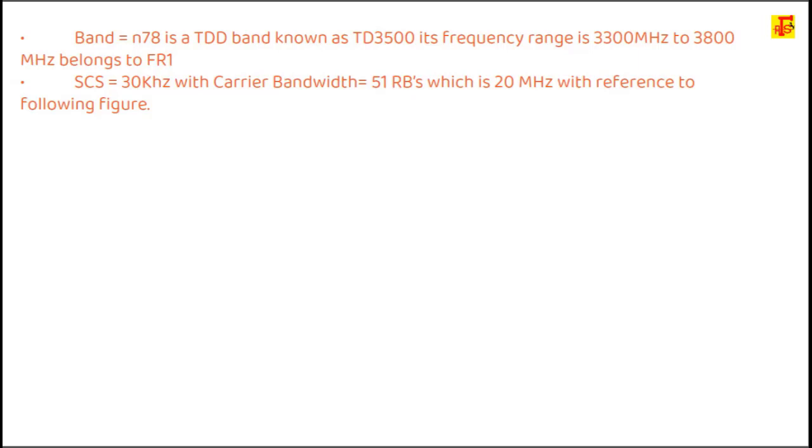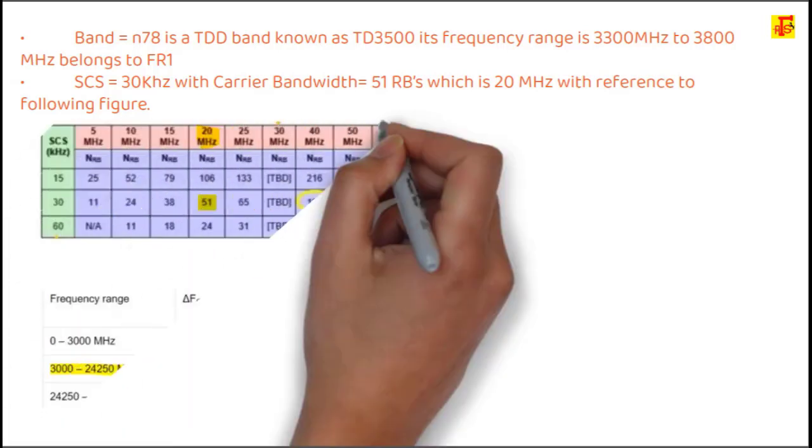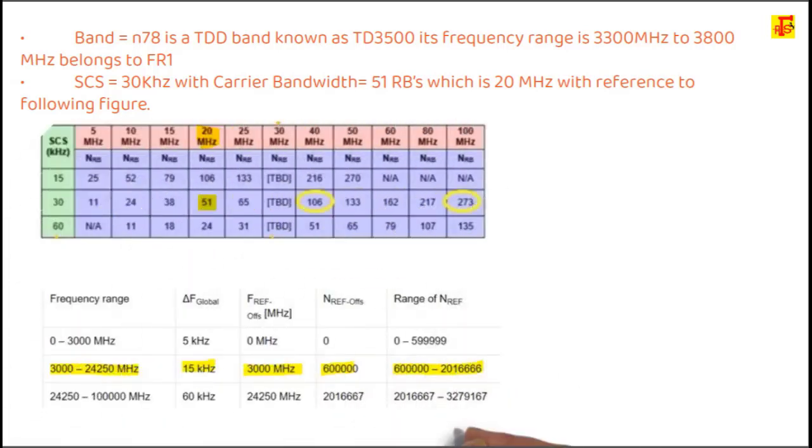Subcarrier spacing 30 kHz with carrier bandwidth 51 RB is 20 megahertz. With reference to this table, for subcarrier spacing 30 kHz, the 20 megahertz bandwidth has 51 RB, right?